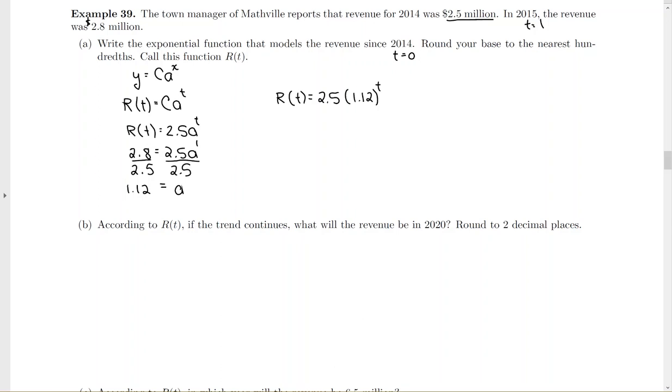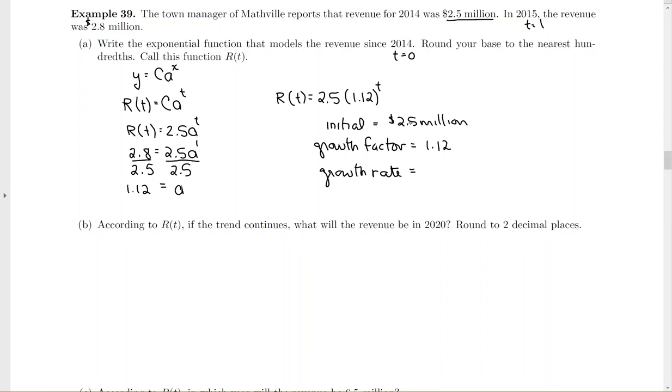So my initial amount, just as a recap, is the 2.5, and in context of this problem, it's $2.5 million. My growth factor means what you're multiplying by. Your growth factor is 1.12. Your growth rate, all right, that's going to be a slightly different number.